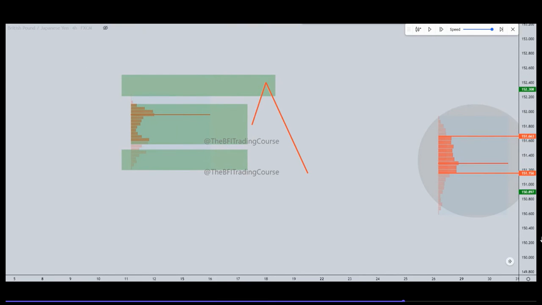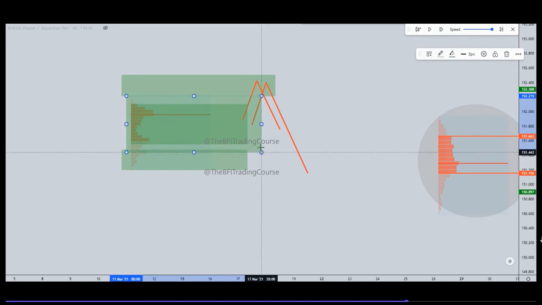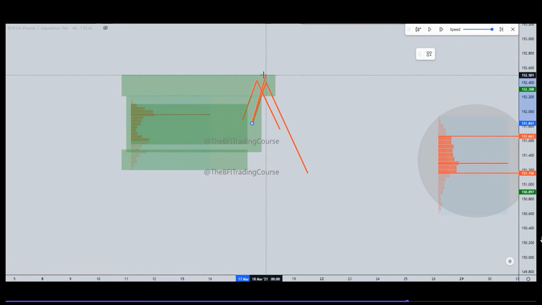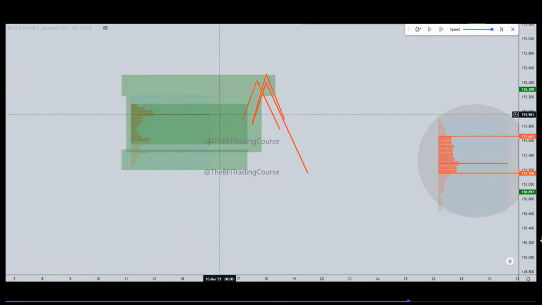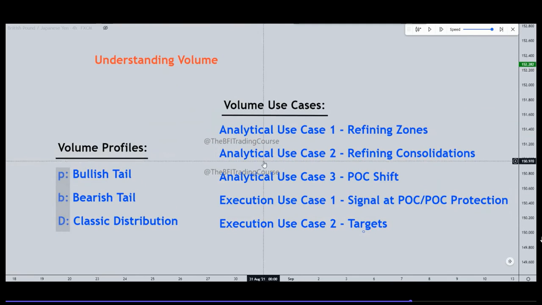The consolidation and the way it pops out of the consolidation can be a little bit more clearer using this volume tool, because we just want to focus on these heavy bars and what happens when it pops outside or when it goes below, how it reacts around these heavy volume bars when it consolidates. That may help us as well in our analysis, which can eventually help us find an entry, but you can refine those consolidations.